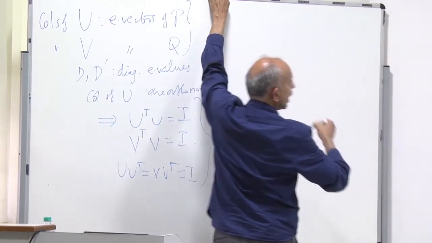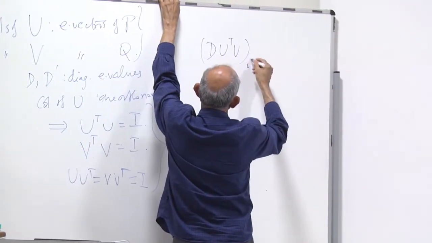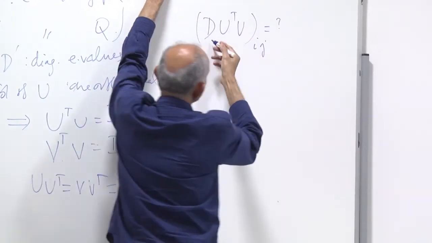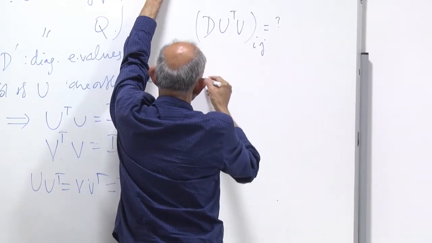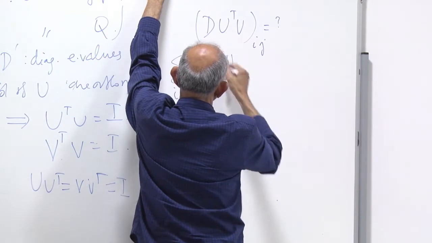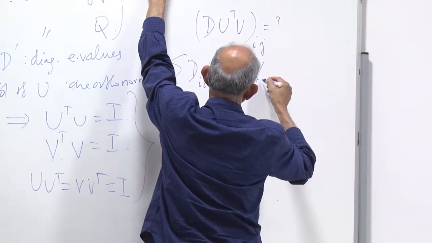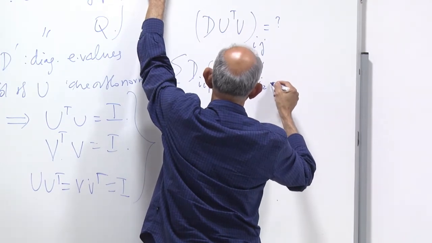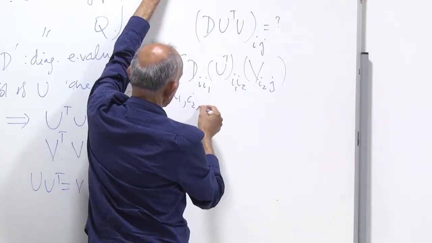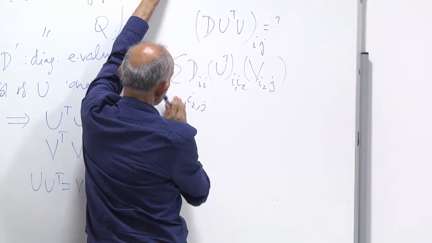I want to know what the ij-th entry of this is. The ij-th entry is the sum over i1, i2 of d i1 i1, U transpose i1 i2, and V i2 j. I1 better be equal to i, otherwise it's 0, so this goes away.